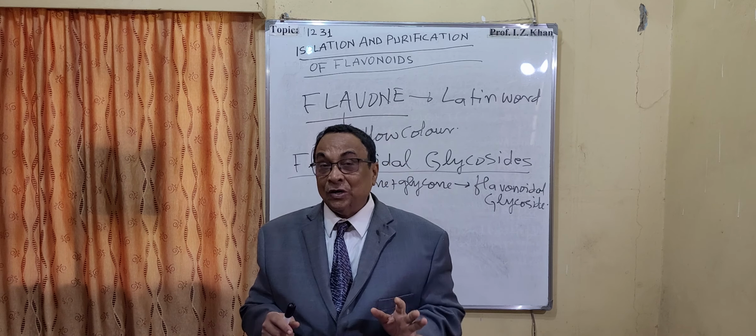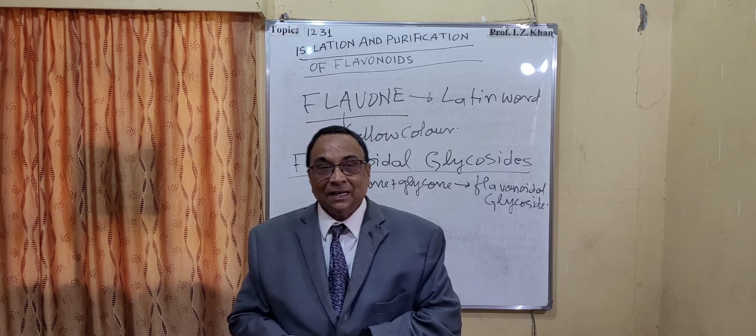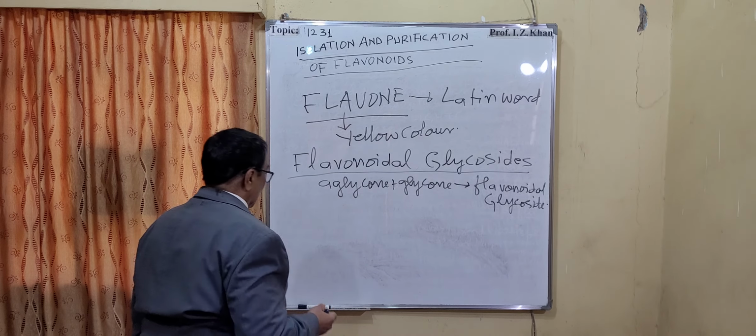Now what is the flavone nucleus? The flavone nucleus is the condensation of three units.